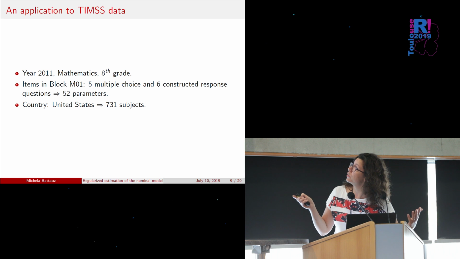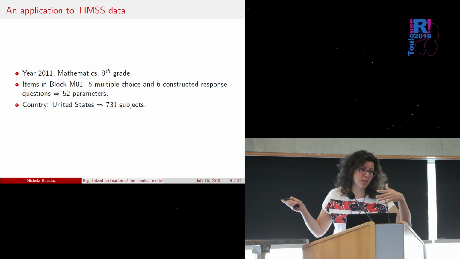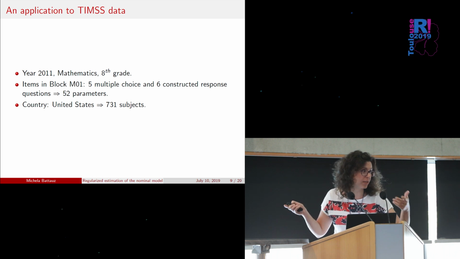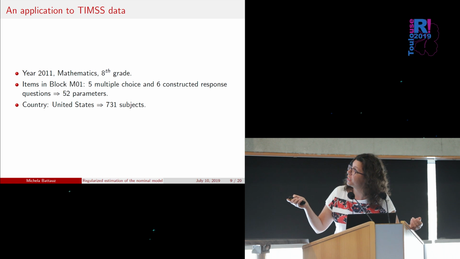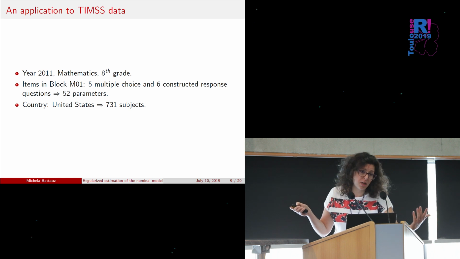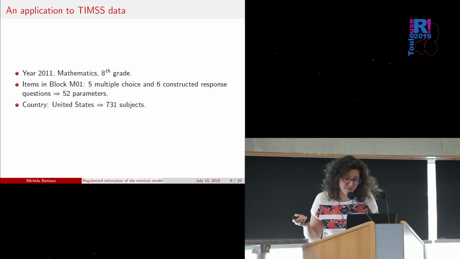Instead, for the constructive response questions, we have many kinds of responses, and I'm going to show you an example of a constructive response question shortly. So for this data set, we have 52 parameters, so a large number of parameters. And selecting only students from the United States, we have almost 700 students.